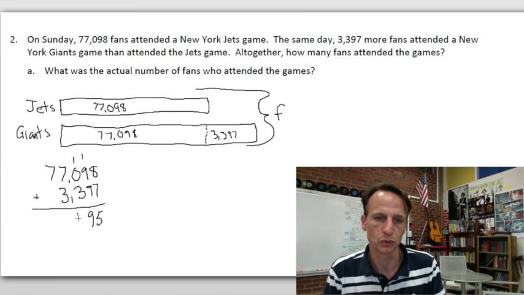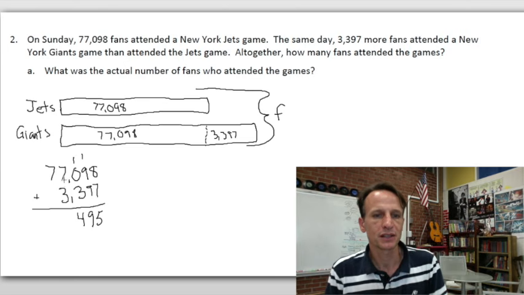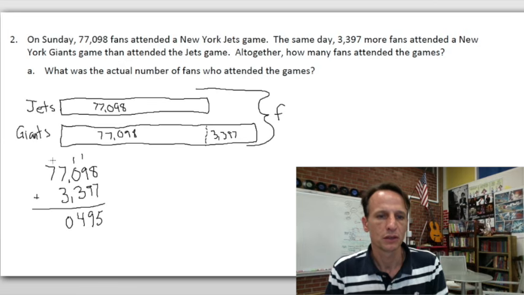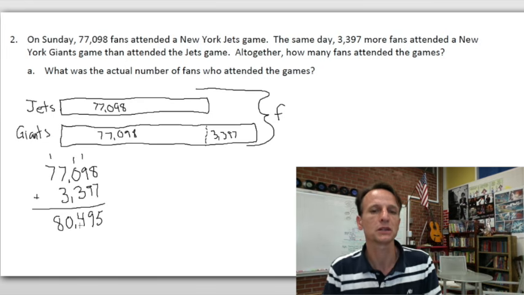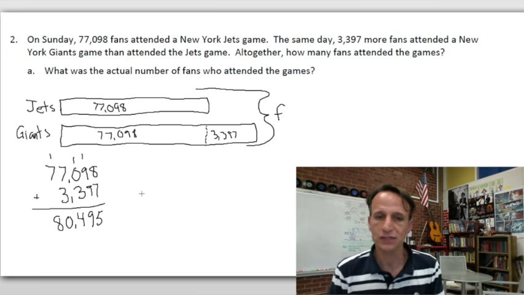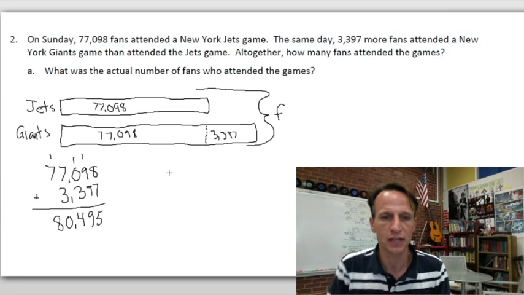Got it. 4. 7 and 3, that's one of our make 10 facts. Place the 0, regroup the 1. 1 and 7 make 8. Okay, and does that make sense? Yeah, 77 and 3 are 80. Okay, this makes sense.